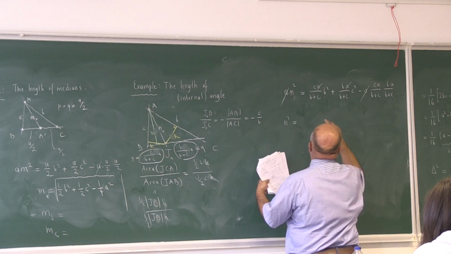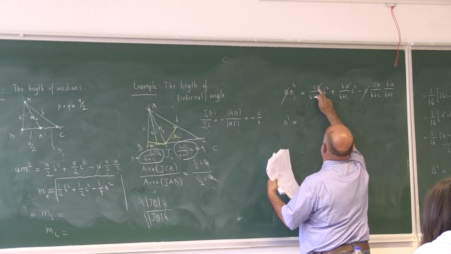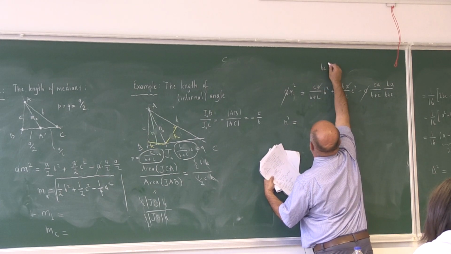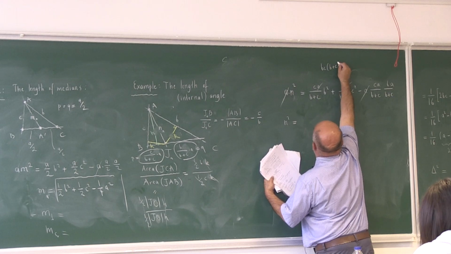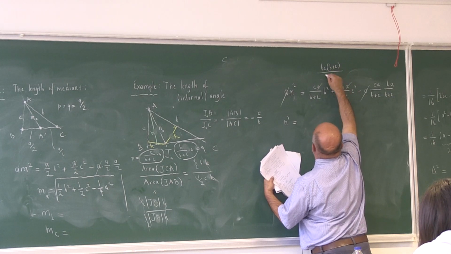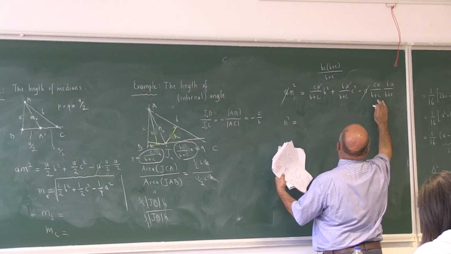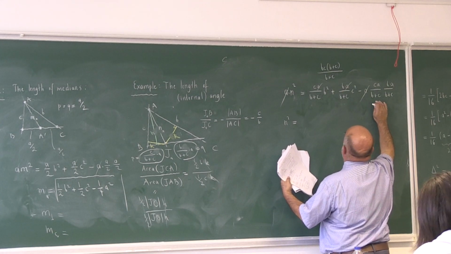So you see, this is actually b squared c, bc squared. So I can write this whole thing as bc, b plus c, and b plus c. If I put them on common denominator, I have to multiply with bc.